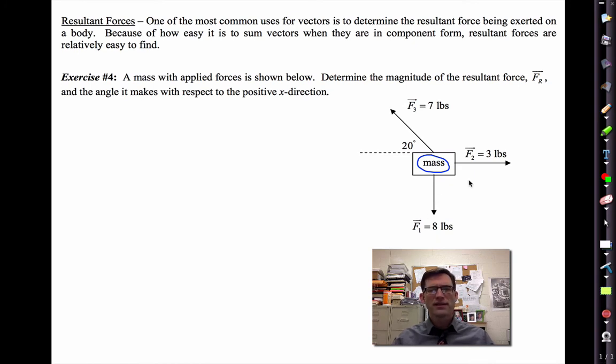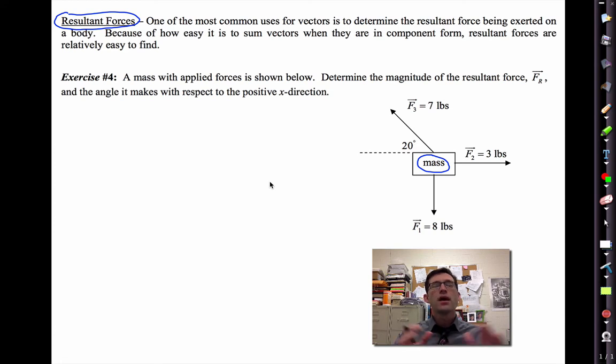But when I pull on it with a bunch of forces, I can add all those forces together and replace them with a single force known as the resultant. Engineers and physicists do this all the time so that they can look at an object and go, oh, that object is all in all experiencing a force of this many pounds in this direction.